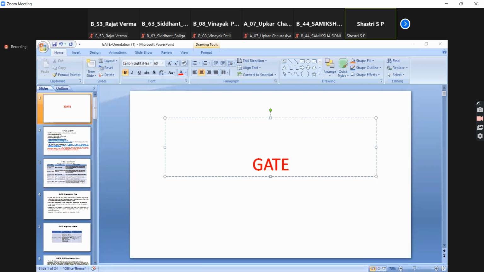Because you're in second year, by the end of your second year you have to get ready. You must have a very clear picture whether you want to go for the masters or you are interested in simply the placement.